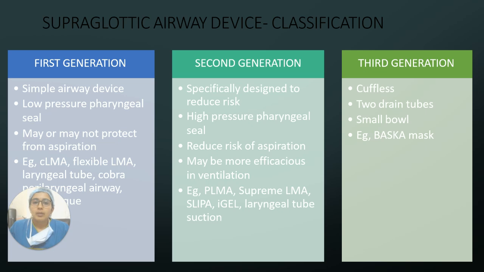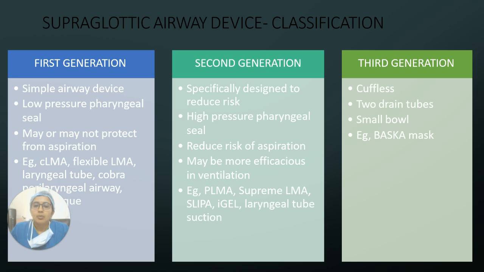Then supraglottic airway devices can be classified into first generation, second generation and third generation. First generation: simple airway devices, low pressure pharyngeal seal, may or may not protect from aspiration. Examples: the classic LMA, flexible LMA, Cobra perilaryngeal airway, laryngeal tube. Second generation: specially designed to reduce the risk of aspiration.